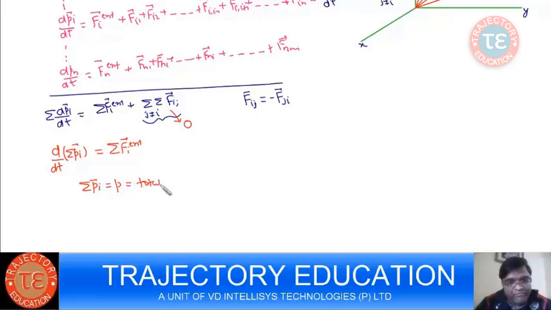And here sigma Pi is P, that is the total linear momentum, the resultant or net linear momentum of the system.